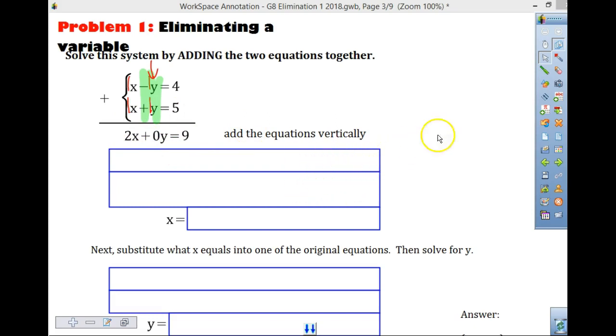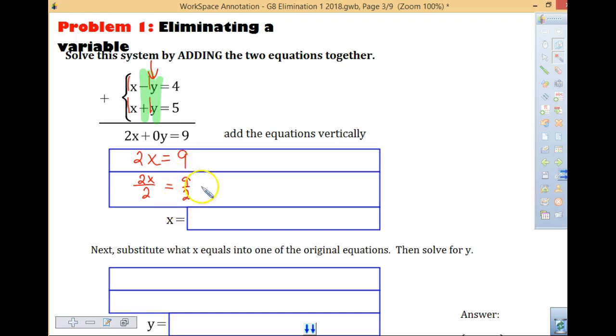Okay. So at this point, if I'm looking at this equation, we could really just rewrite this as 2x equals 9. How do we solve for x at this point? If we are solving for x, we want to divide both sides by 2. So we're going to take 2x and divide by 2, and we're going to take 9 and divide by 2.